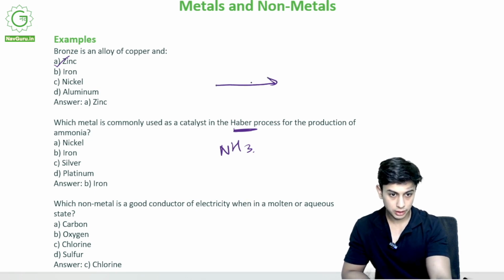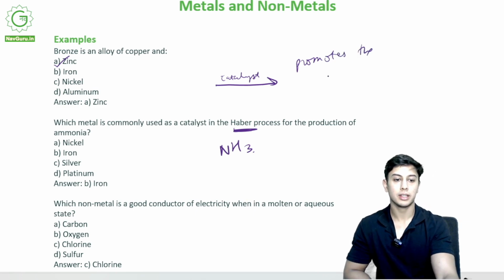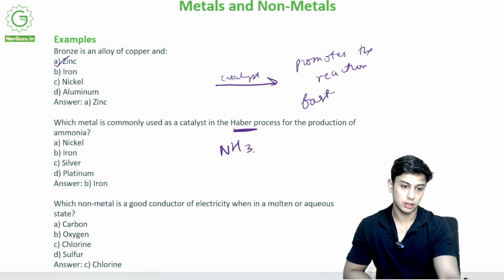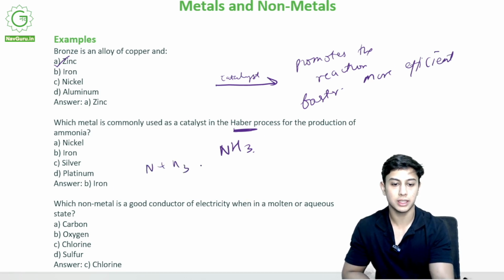Catalyst will be given over the arrow. What does a catalyst do? A catalyst promotes the reaction. It makes it faster, more efficient. What is the catalyst in this process of N plus H going to NH3? Iron.